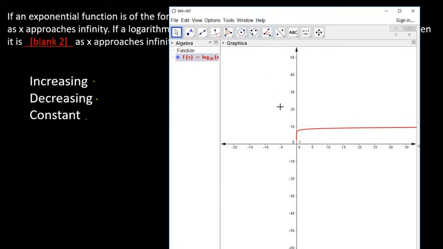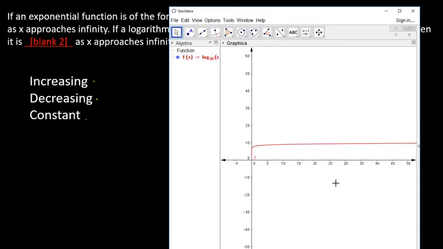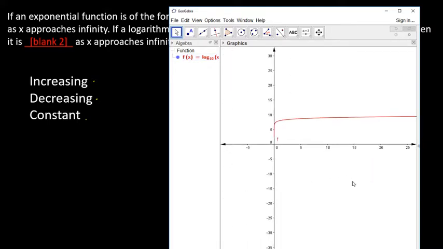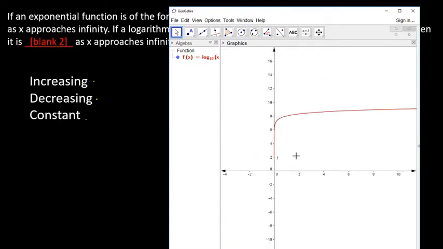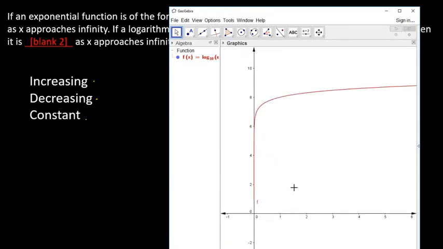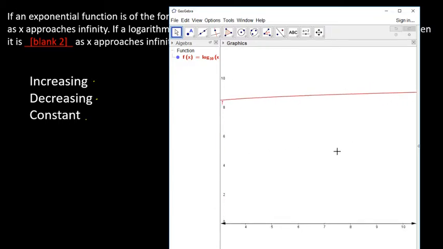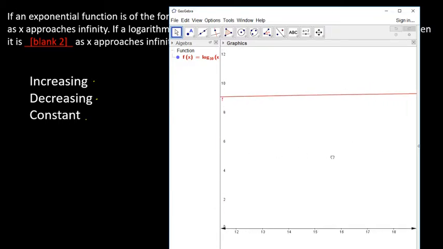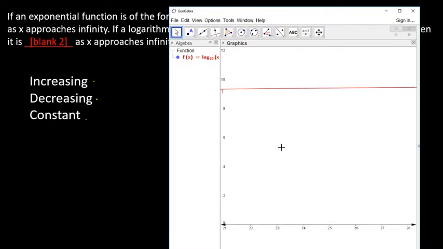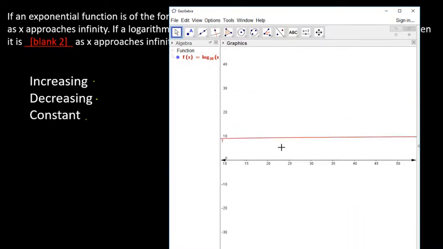Alright, so once again, I've picked a logarithmic function that has a base greater than 1. And the question is, is this logarithm increasing, decreasing, or constant as I go towards infinity? And I'll zoom in on this one a little bit. I know it's hard to see. So remember, reading left to right, does it appear that my function is increasing, decreasing, or remaining constant?